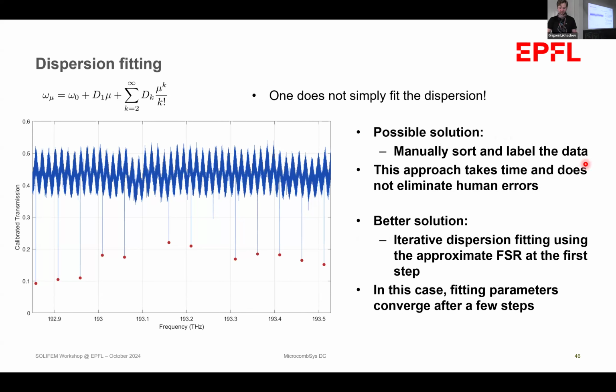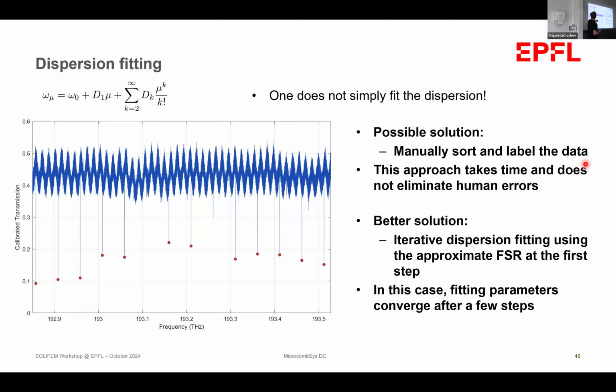So one approach is to manually select every resonance and process it, or a better solution: when we do the fitting, we first select the pumping frequency, which usually corresponds to a 1550 nanometer wavelength.